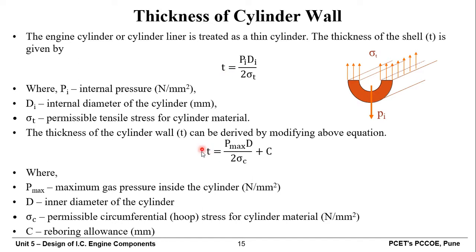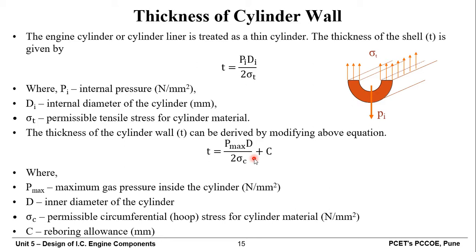So thickness of the cylinder wall or cylinder liner is equal to, we replace p i by p max, where p max is the maximum gas pressure inside the cylinder. d i is replaced by D, as we denoted D as bore or internal diameter of the cylinder, divided by 2 into sigma c. We replace sigma t by sigma c. Just there is a change in the notation, but the meaning is the same.